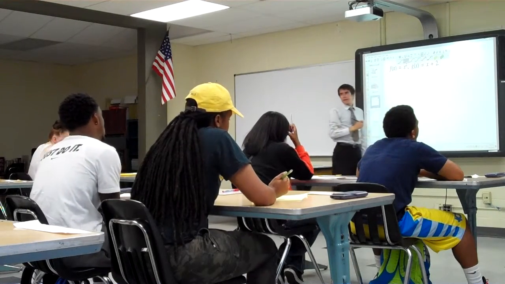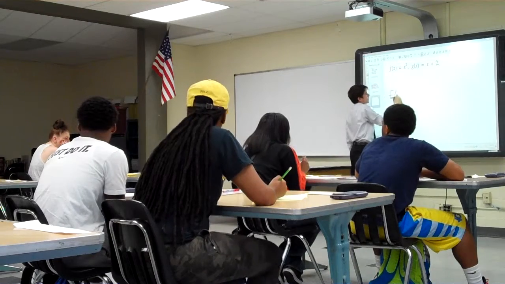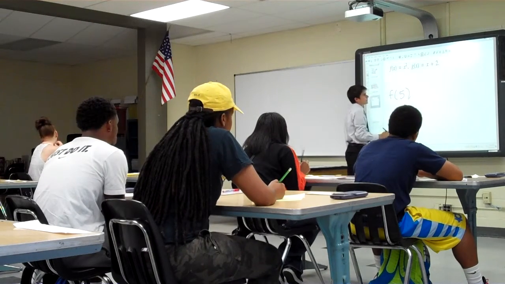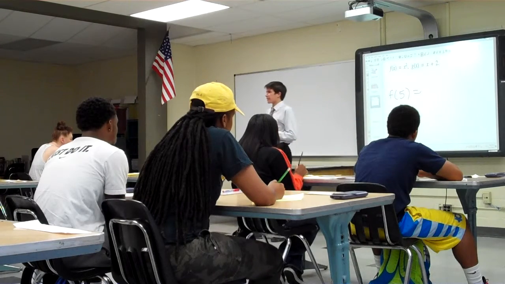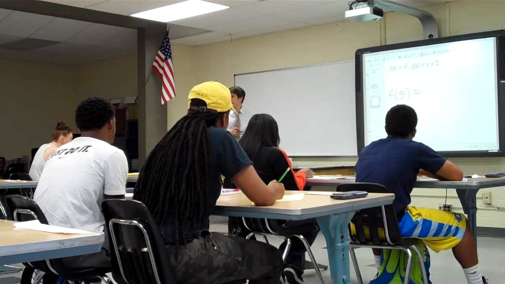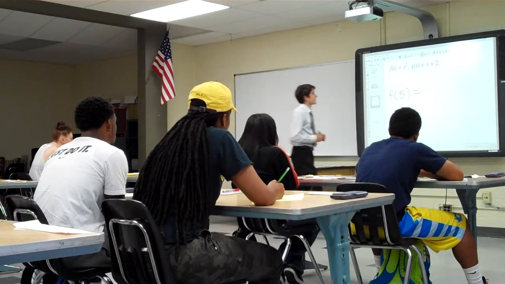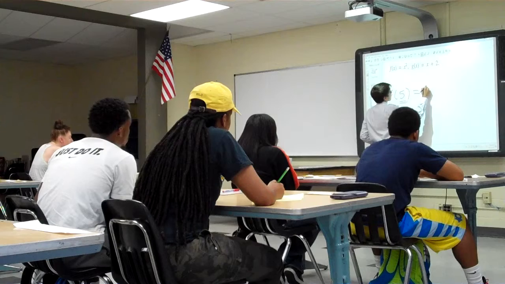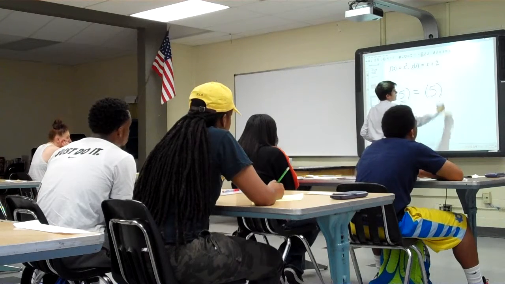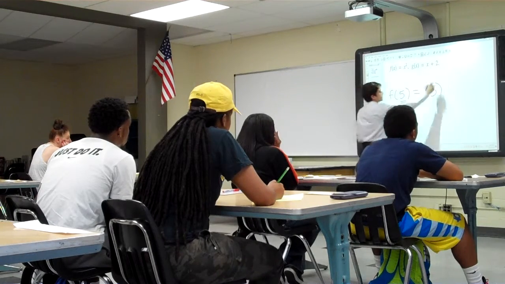If I said to you guys, what's f of 5? What would you do, Kelly? If I said, what's f of 5? Exactly. You would take this 5, and you'd say, okay, substitute 5 for x in x squared.